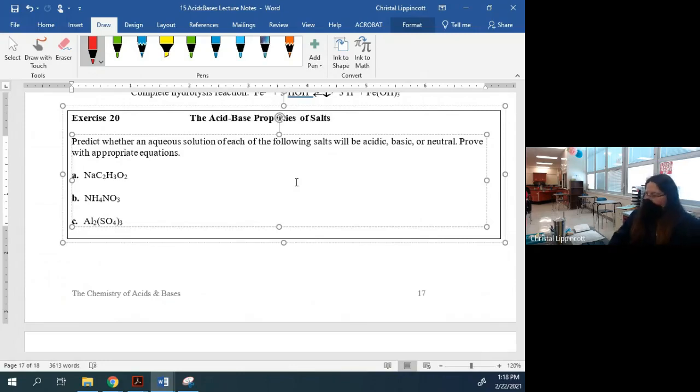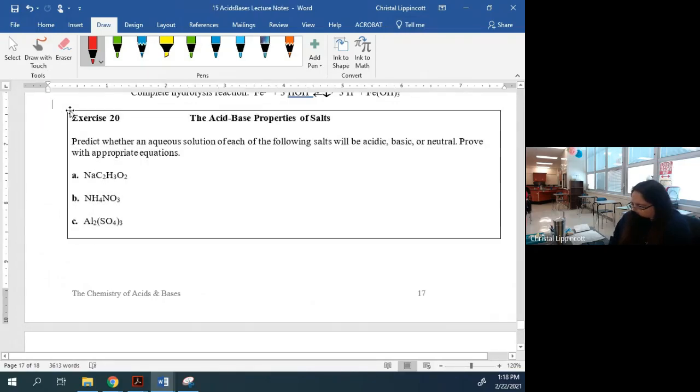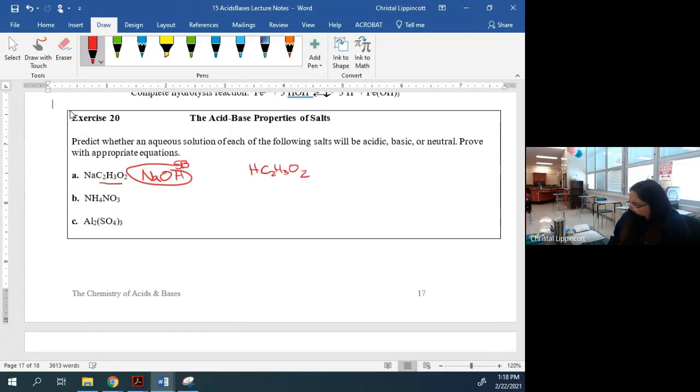All right, so when I look at this, my Na, if that were to split water, what would it form? Well, the OH would go with that. This is a strong base, right? This right here then would go with the hydrogen to form, okay, that is a weak acid. How do we know it's a weak acid? Because it's not a strong acid.